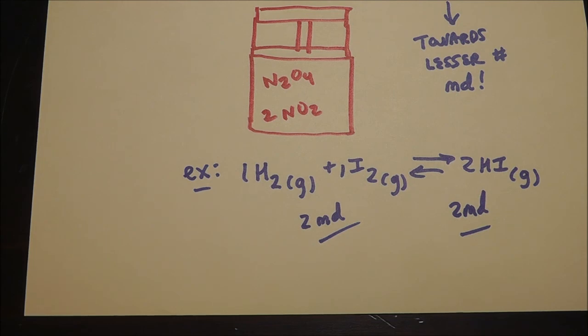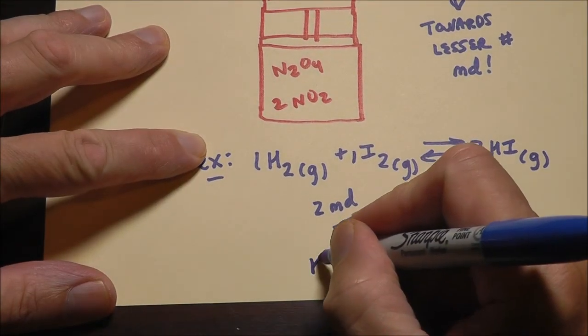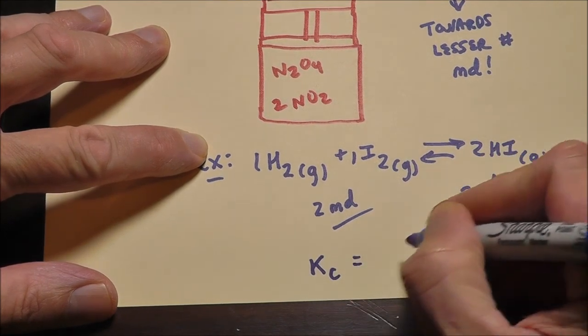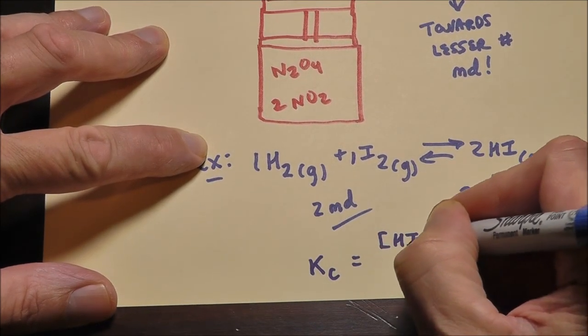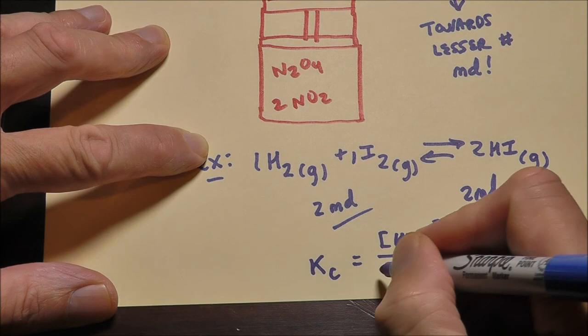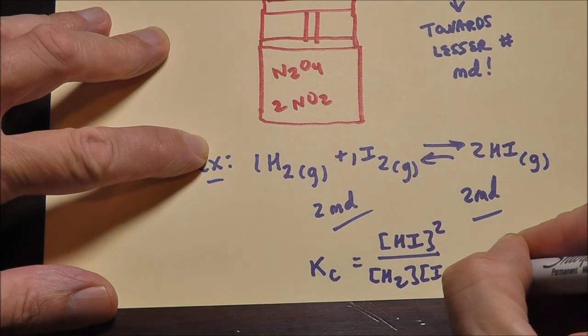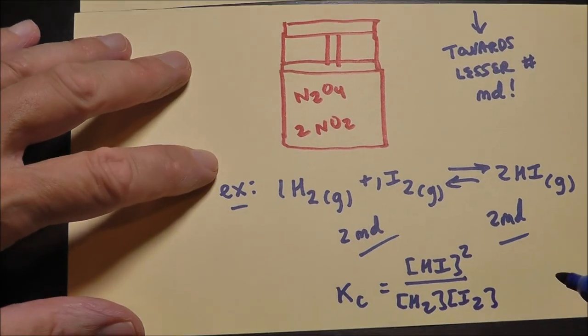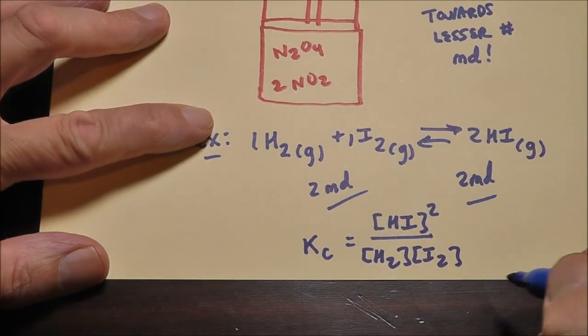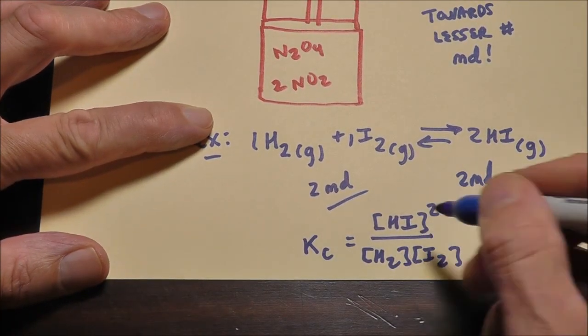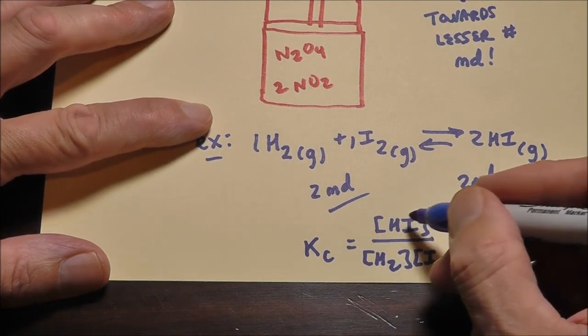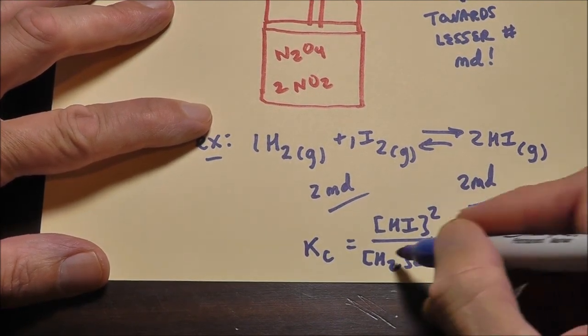So, if you go put this into K, that's the thing, folks. Just go ahead and write out K. In this particular case, I could push on this with a piston, and because there's not a different number of moles in the products and reactants, these two will increase. But you see, this is to the square, this is to the square.